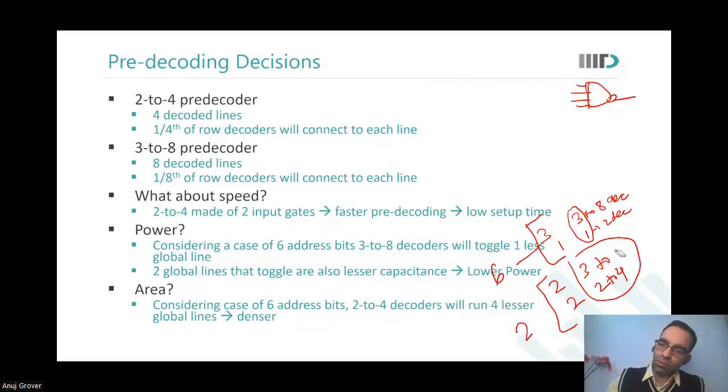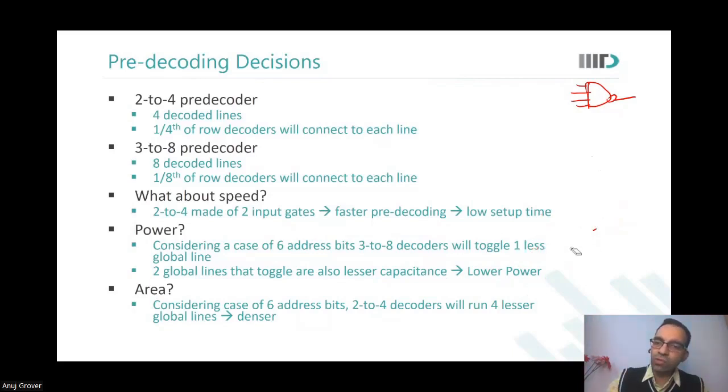So do you already see that if I use different kinds of decodings, there is a different area that we are talking about, given by number of lines. But there is also different kind of power that we are talking about. If there are more lines, it means every line has lesser load. Since every line has lesser load, the power consumption reduces.